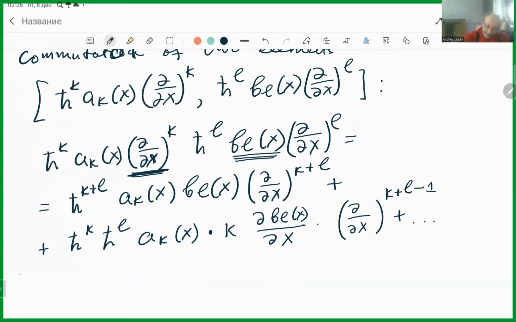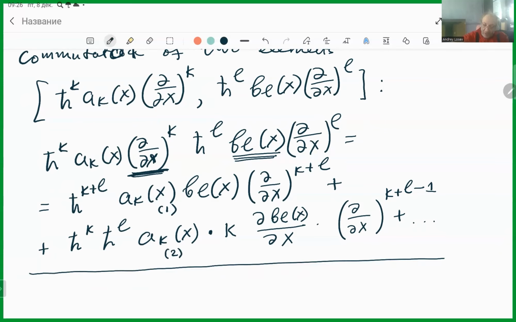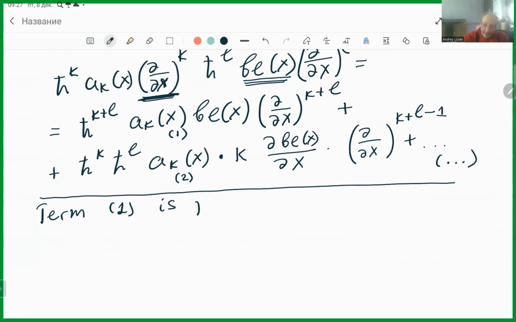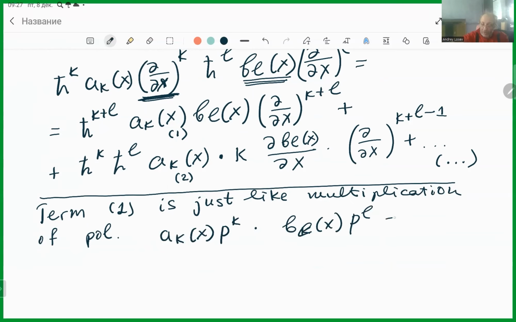Now, there are several terms. Term number 1, term number 2, and there are also higher terms. Term 1 is just like multiplication of polynomials. So when we multiply polynomials, we get exactly this expression, and it is commutative.